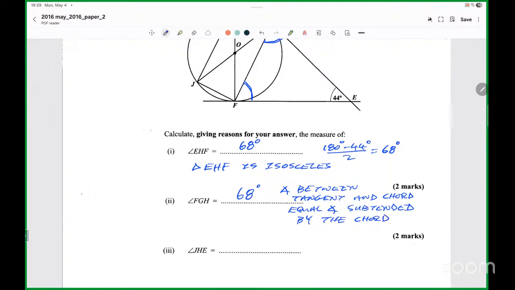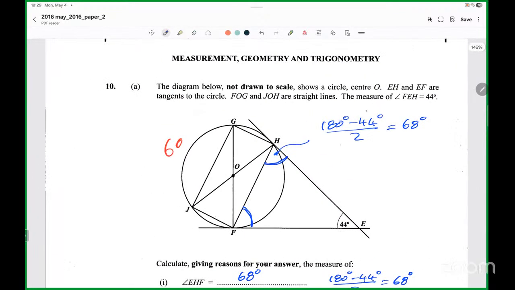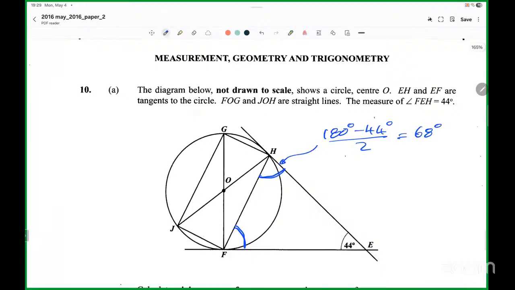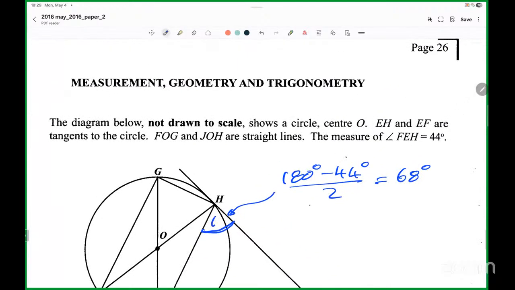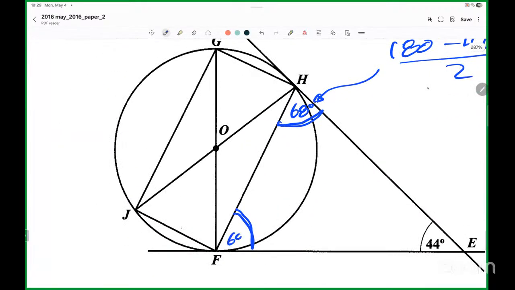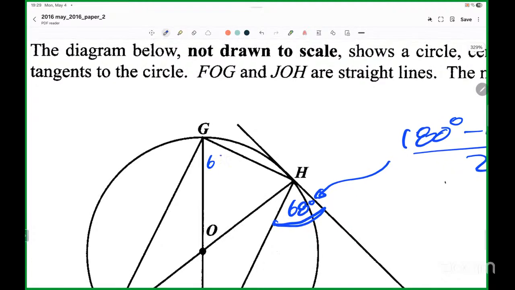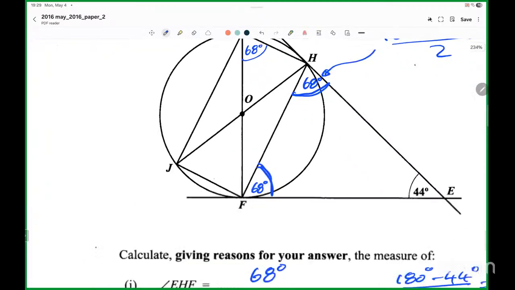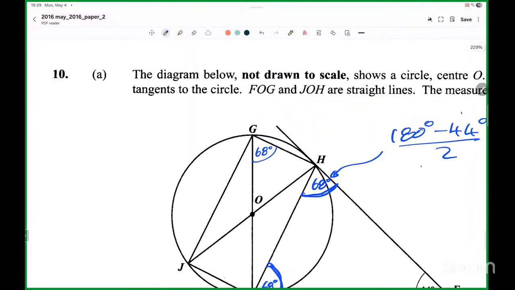That's why it is 68 degrees up here. Let's write it. These angles are all 68 degrees. So this one is the calculation, 68 degrees. This one is 68 degrees. That makes this one 68 degrees. All right, so everything so far is 68 degrees.